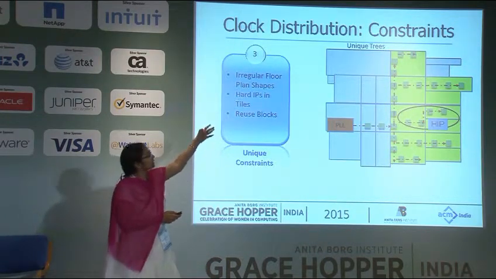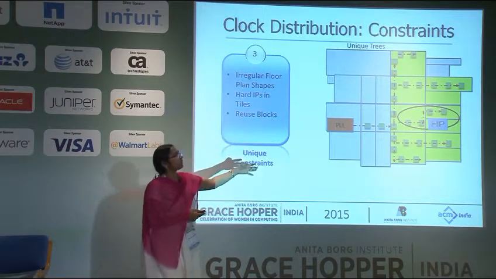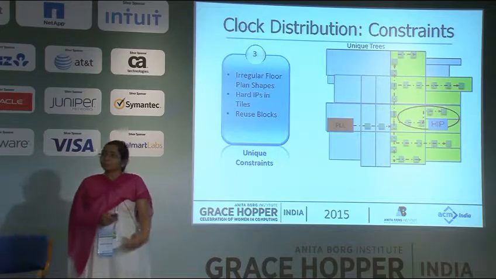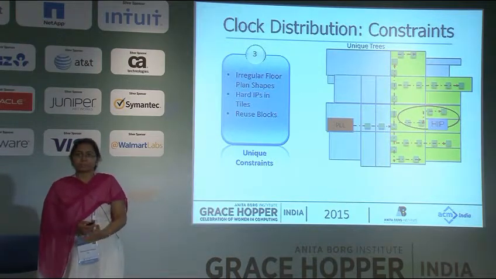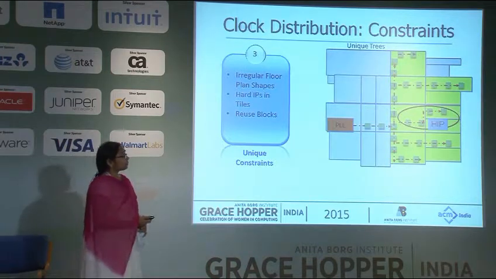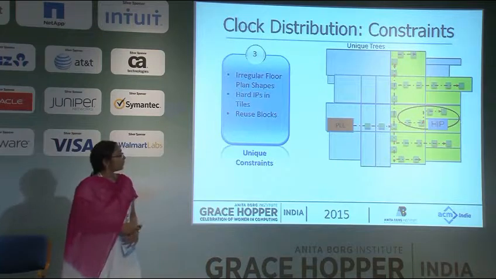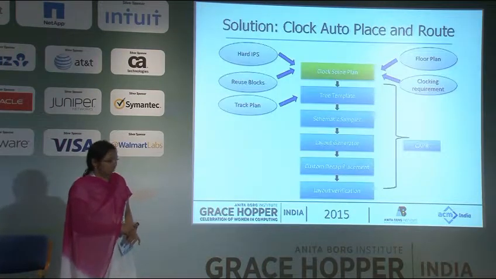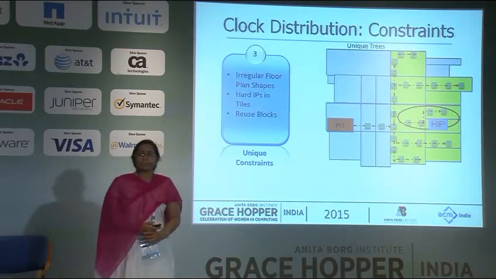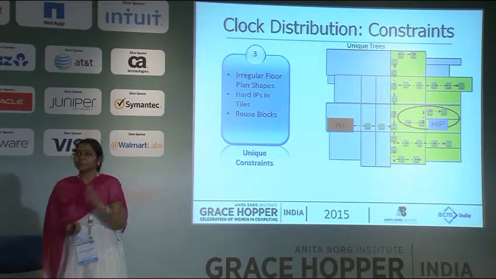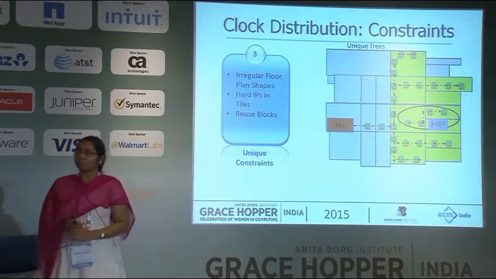If shapes are irregular, the tree requirements will be more, so obviously more resources are required to do our work. These are all the constraints we face to distribute the clock from source to sink.